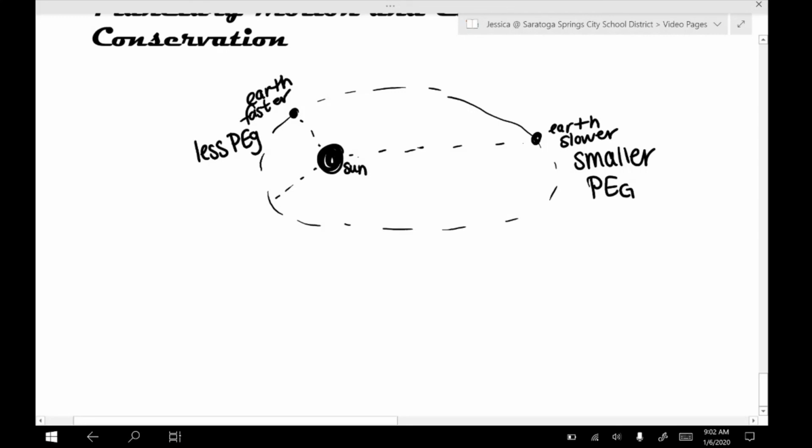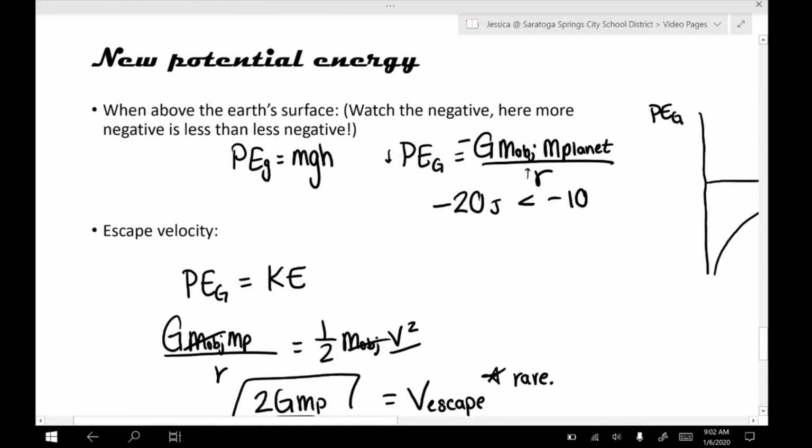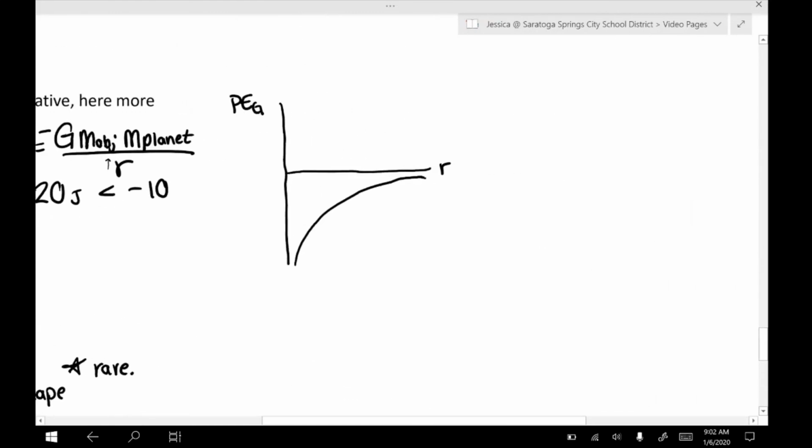Wait, nope, I messed that up. We have more PEG here. Why? Because again, it's less negative than when we're closer, right? Going back to this graph, the farther we are from an object, this is more PEG, this is less PEG because we're on the negative side of the axis.